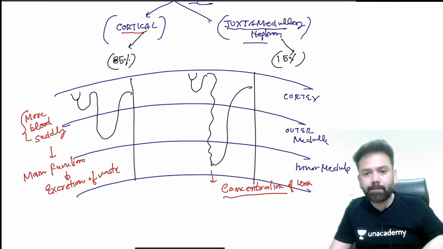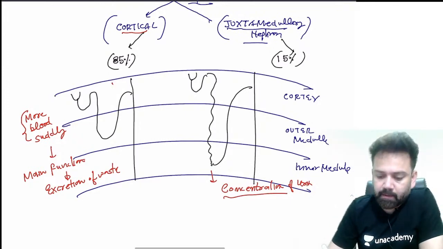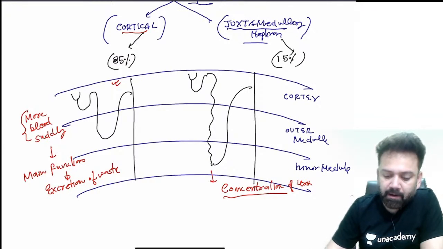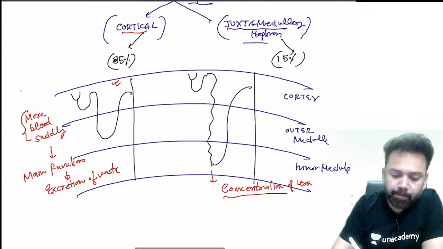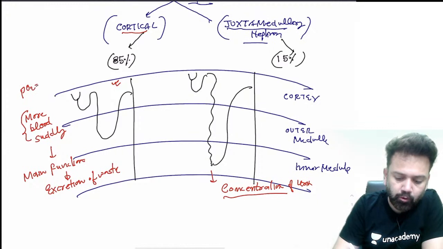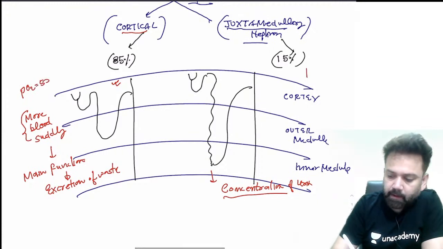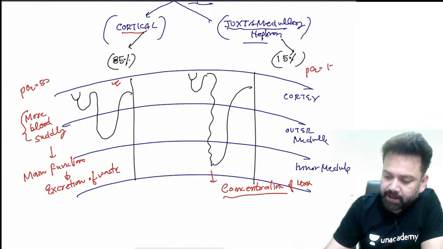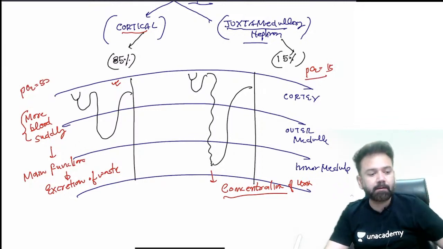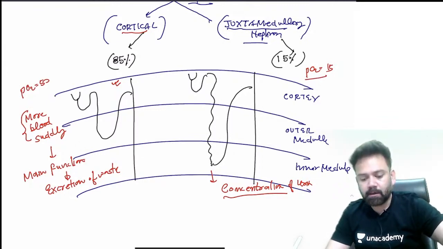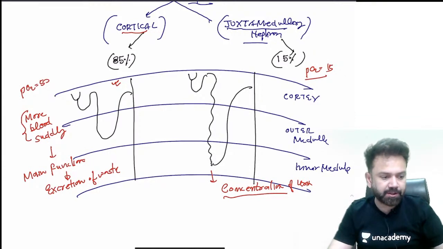Cortical nephrons are more in the superficial area of the kidney, having more blood supply and more PO2 also. PO2 is 50 here and PO2 here is only 15. So we can see the more blood supply is in the cortical nephron and the function is excretion of the waste.